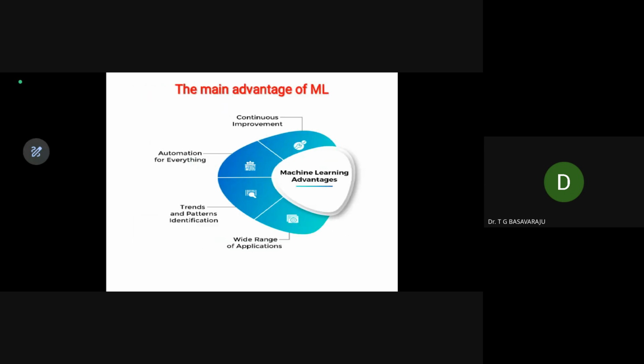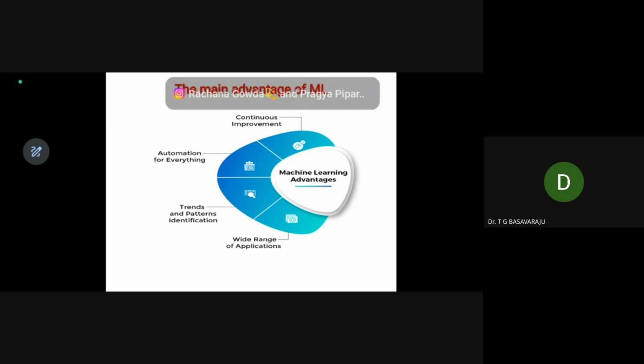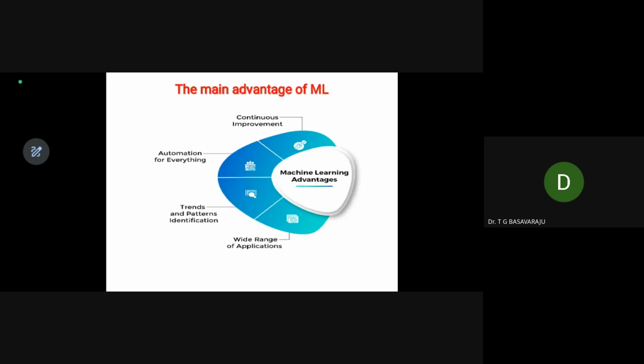And these are the main advantages of machine learning. It has continuous improvement, as I told, because the output is fed back again to the input. We try to make our model much more accurate. Lots of machine learning algorithms we are using, so we'll be seeing about that also.